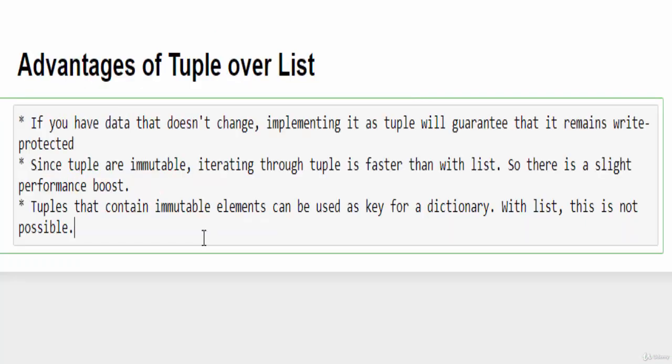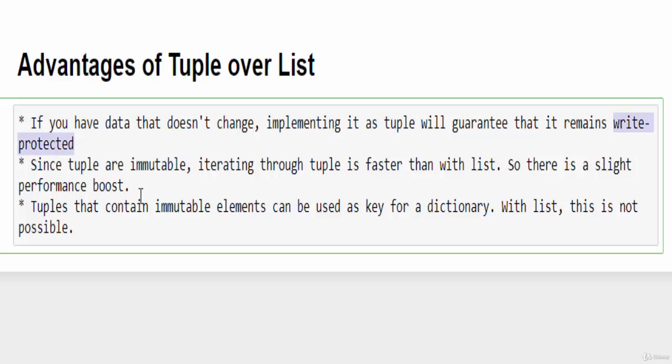Now you will have a question, when to use a tuple, because both list and tuples are the same. The only thing is we can edit in the list, in tuples we can't edit it. So if your requirement is that you don't want to change any value, then you can use the tuple. Our data will be write protected.